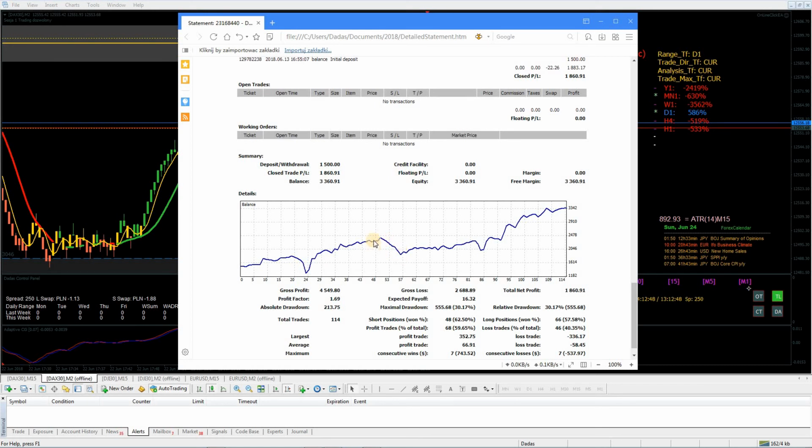This is something I really don't like to do, and I think this is still my major sin in trading, letting those drawdowns go so far.